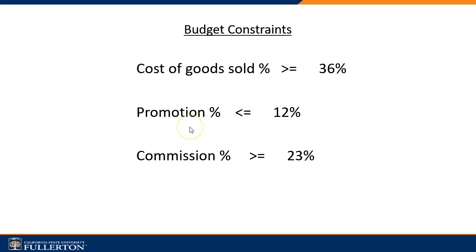For promotion percentage not to exceed 12%, it will be translated into less than or equal to 12%. For commissions, no less than 23%, it will be greater than or equal to 23%. So it's important to work out these constraints before we get into the solver command.